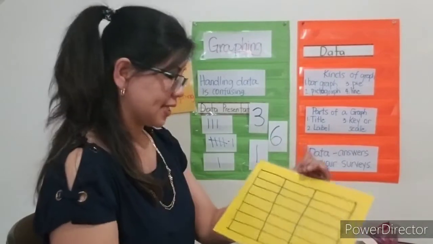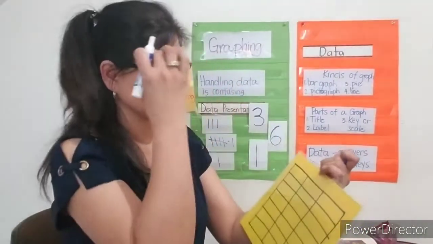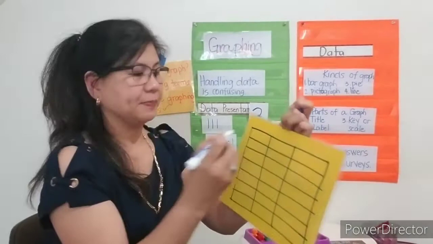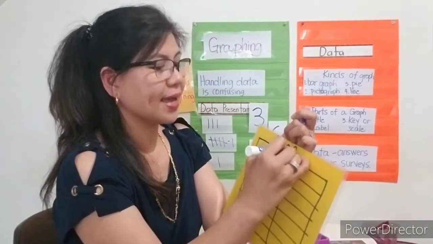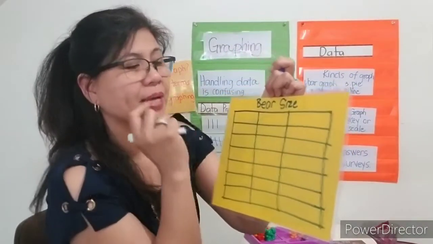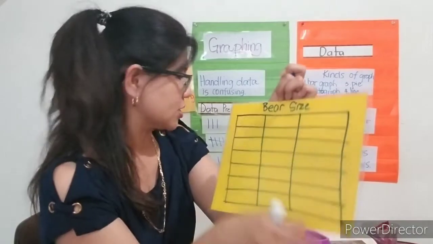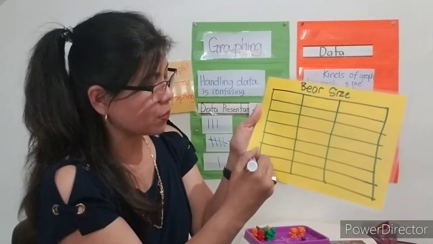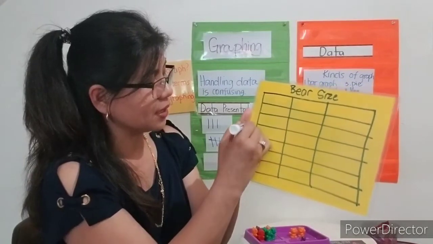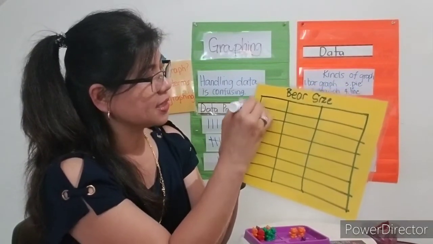So now I will create data based on my sorting rule. What should be my title? Bear size. Is that okay? I'll make a graph about my bears according to size. All right, so what did we say again? We can number 1, 2, 3, 4, 5, 6, 7.